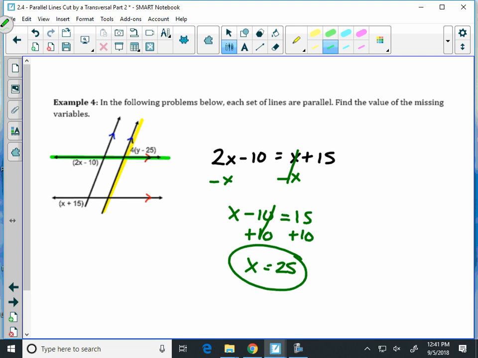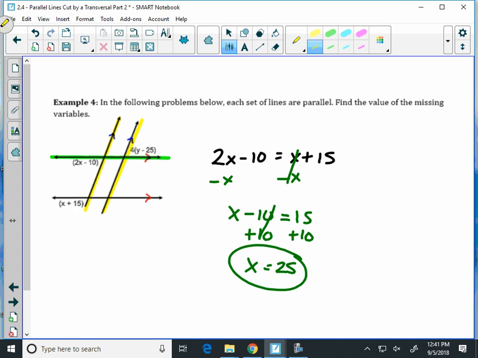Which of the x's, x plus 15 or 2x minus 10, is touching one of the same lines? 2x minus 10. We can't do anything with the x plus 15 because it's not touching a line that y is also touching. It's going to float out there in no man's land. So we can ignore this bottom half. You can cover it up with a paper if it's helpful. Those two yellow lines are our parallel lines, and this green line is our transversal.